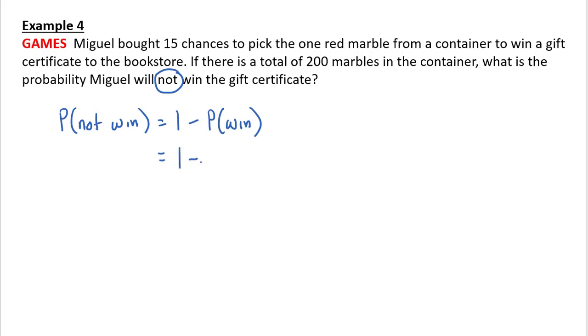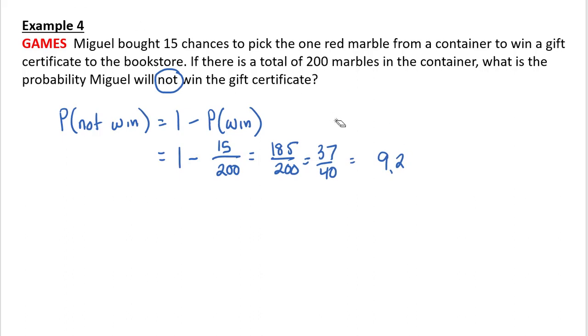So my probability of winning: he bought 15 chances out of 20 marbles that he's going to pick. So that is 185 over 200, or 37 over 40. And we could really look at probabilities as percentages.